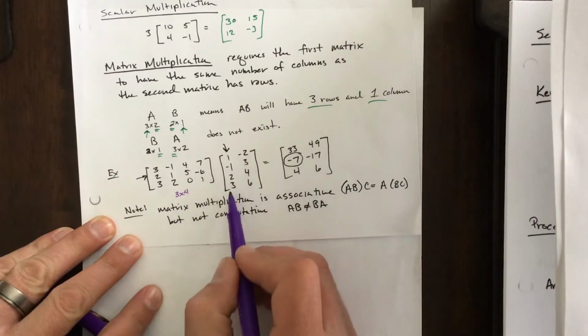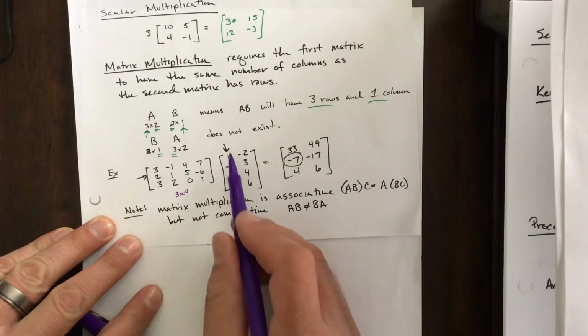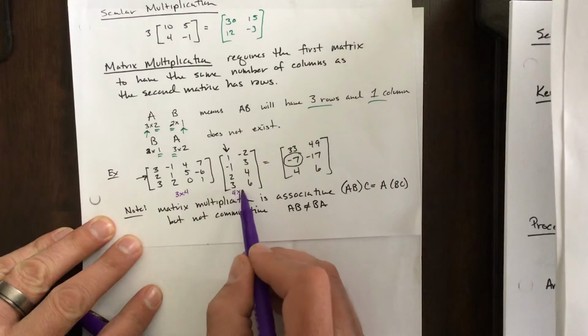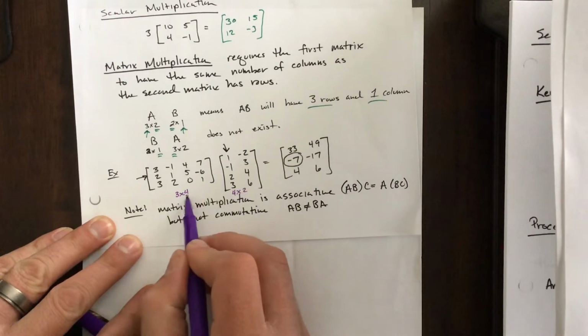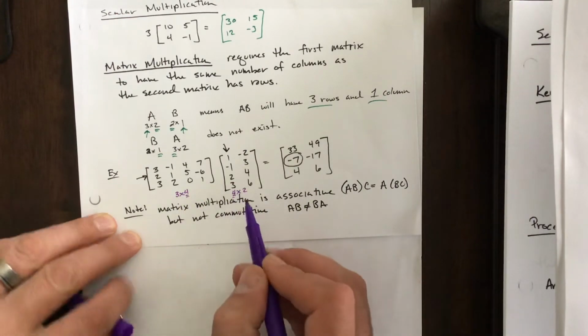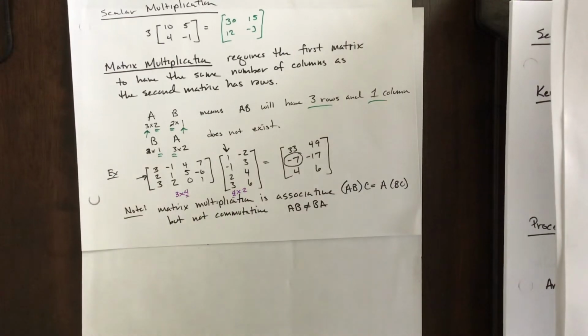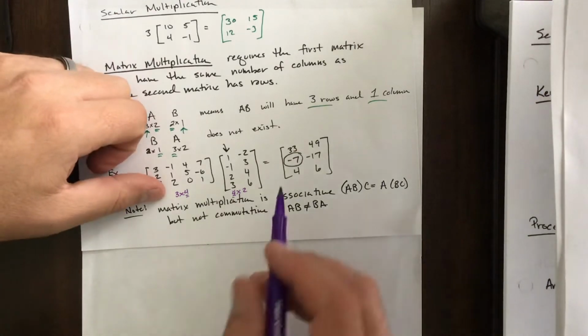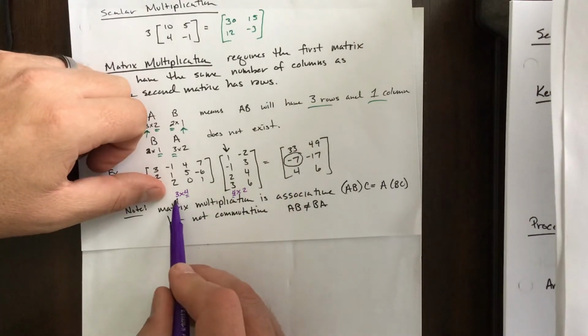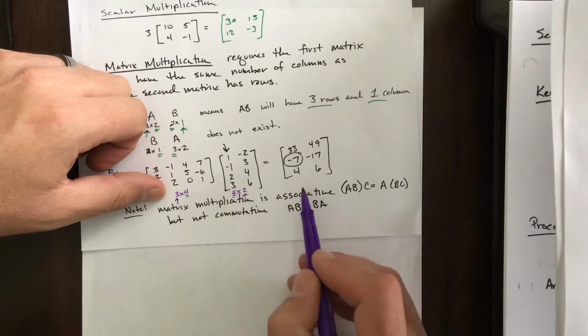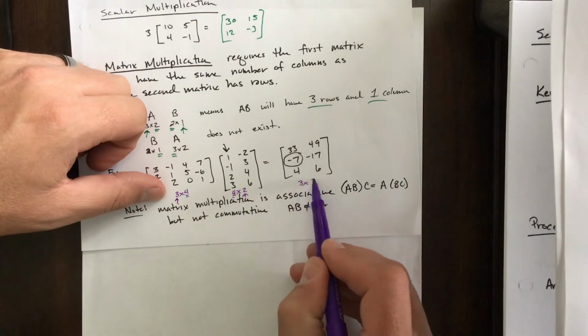This has 4 rows and 2 columns. That's a 4 by 2 matrix. We verify that the number of columns in the first matrix matches the number of rows in the second matrix, so the product does make sense. What you're left with is a resultant matrix that is 3 rows and 2 columns. So this is a 3 by 2 matrix.